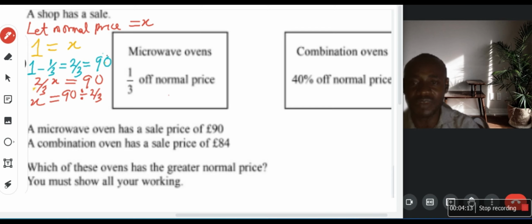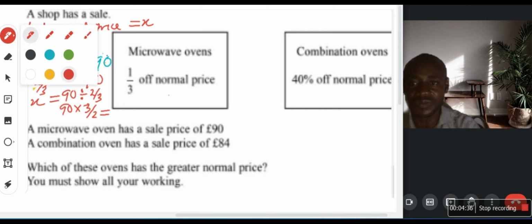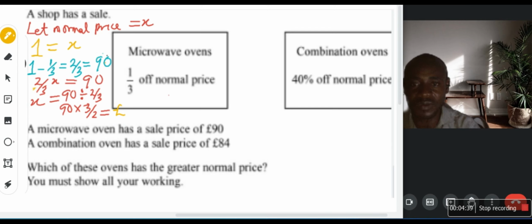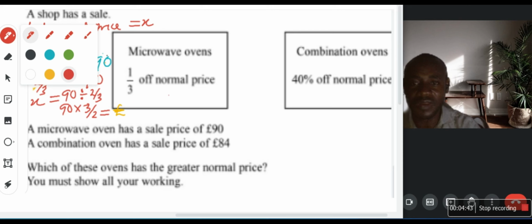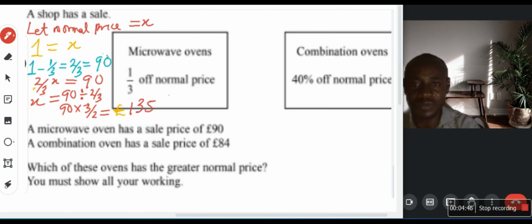And you remember when you are doing division of fractions, you change it to multiplication and flip. So it becomes 90 times 3/2, and that will give us 135. So the normal price was 135 pounds. Let me show the pounds. It was actually 135 pounds.